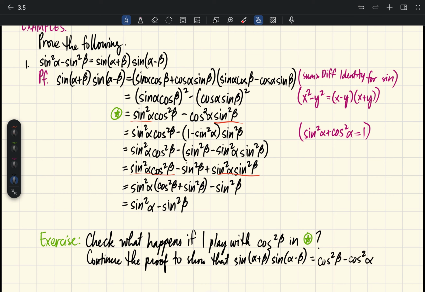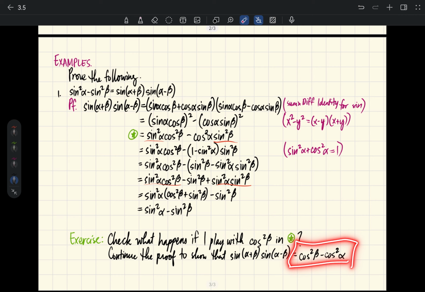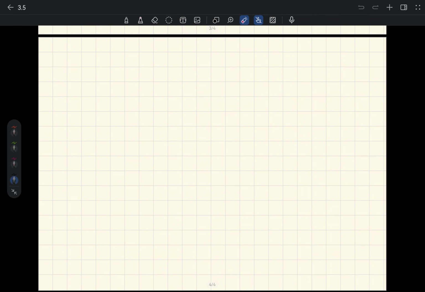So try to check this one first, and you can also try and continue the proof to get this one instead. Okay? So let's proceed to our next example.